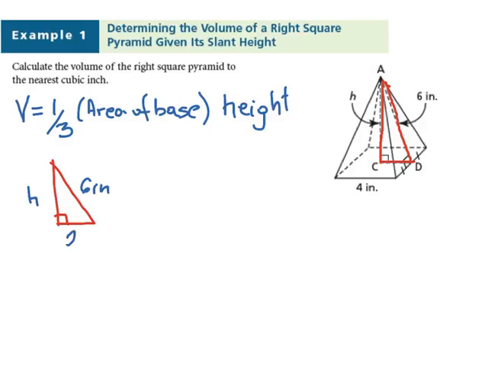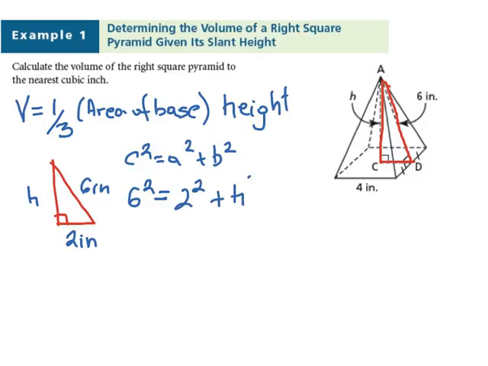We're going to use Pythagoras to find the height of this triangle. So c squared is equal to a squared plus b squared. We already know the longest side, the hypotenuse, which is 6. And we're looking for the height. So 2 squared plus height squared.